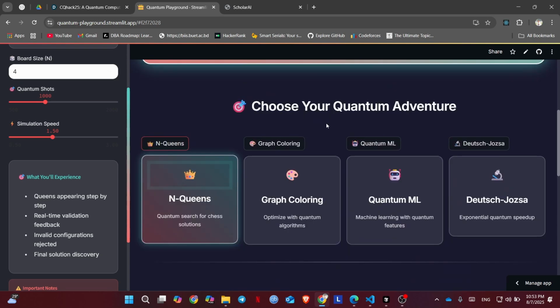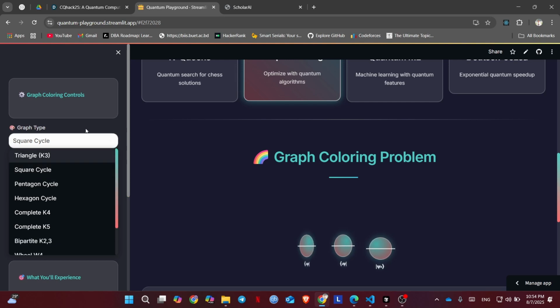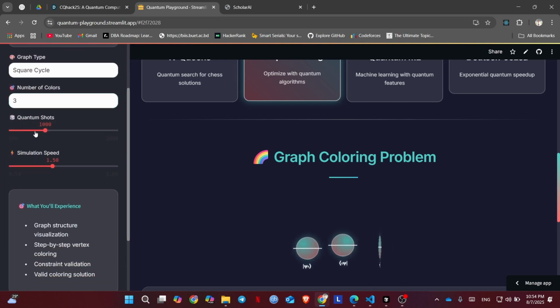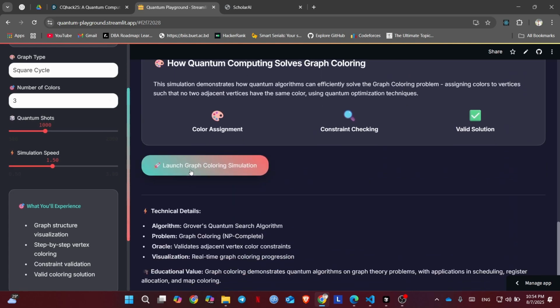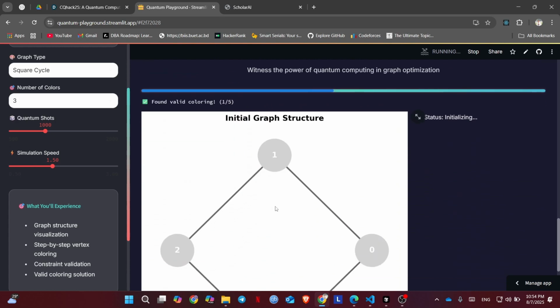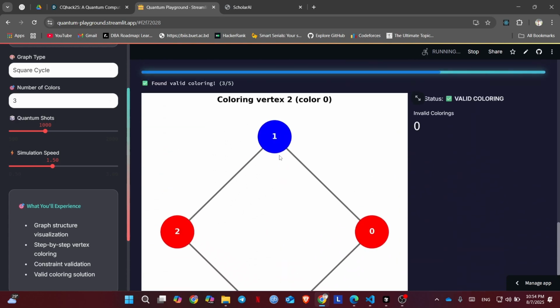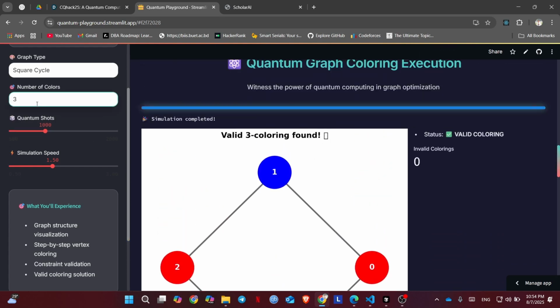Okay, let's simulate our next solution, graph coloring. Here we can choose different types of graphs, and the number of colors we want we can choose here, and the quantum shots and simulation speed can be varied. So when we click this launch button, we can see that the real-time simulation is happening, and we can find this graph coloring with just 2 colors, but we have selected 3, so that's a valid solution.